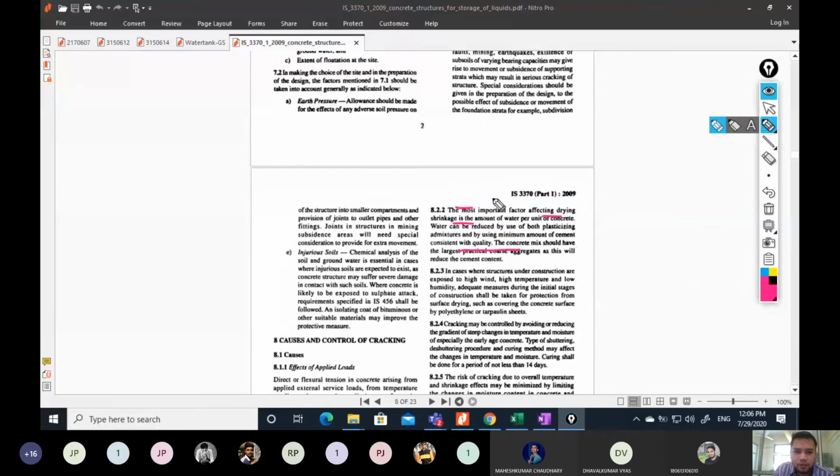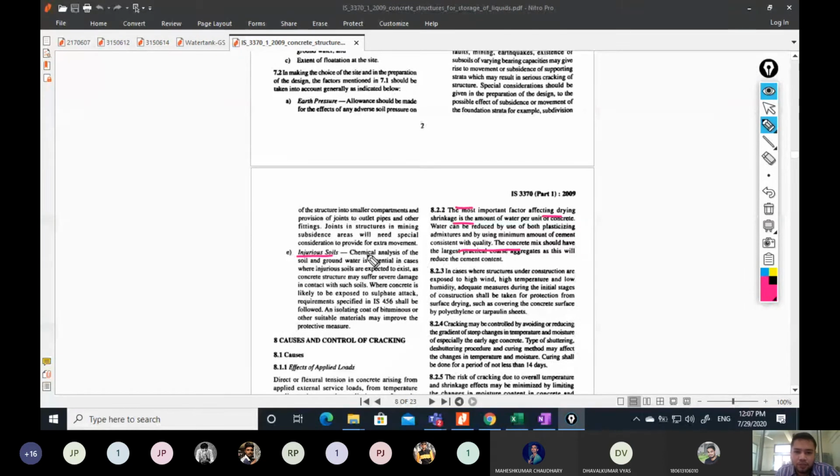Then injurious soil. Injurious soil means sometimes the soils may be chemically active, which may react with the concrete also. So you have to check that.